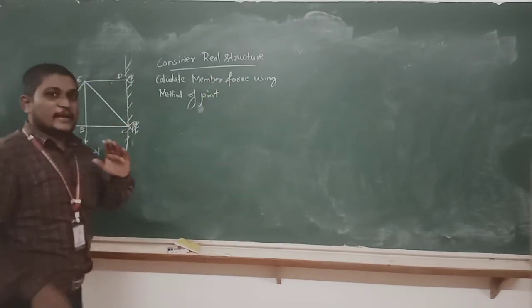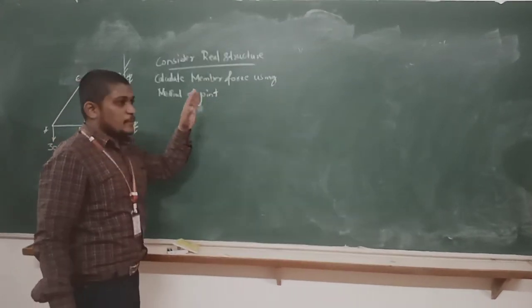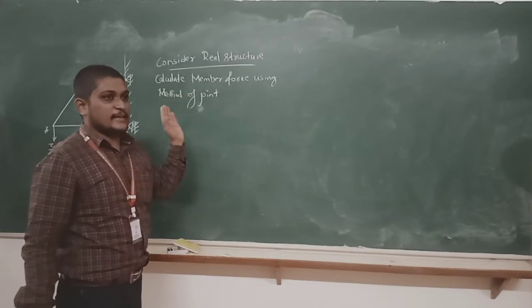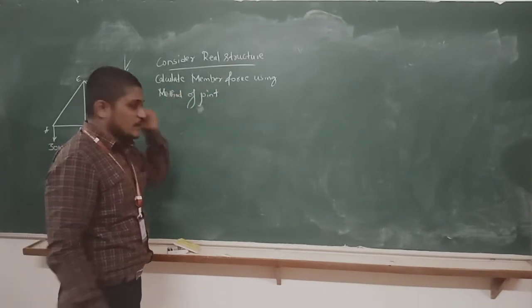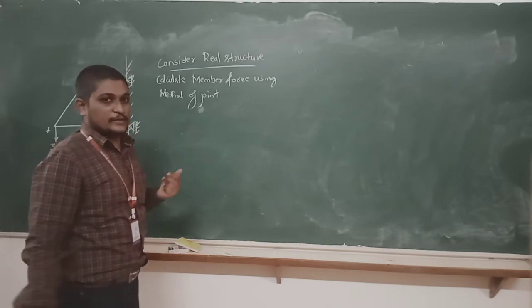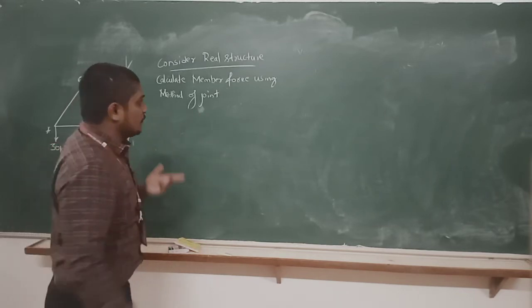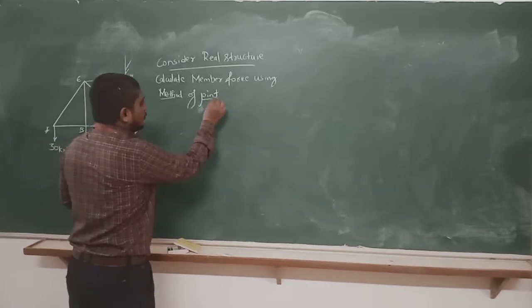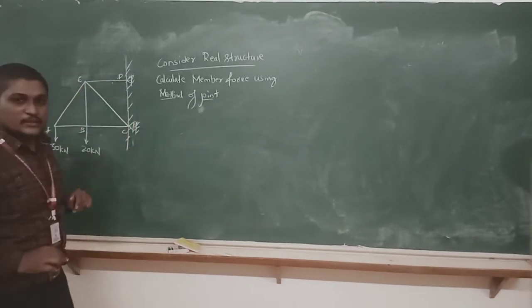So for the diploma candidates, as you were not aware of the analysis of truss by using the method of joints, in this problem we are solving the method of joints only twice, which will give you clarification on how to use this method of joints to calculate the member forces inside the structure.